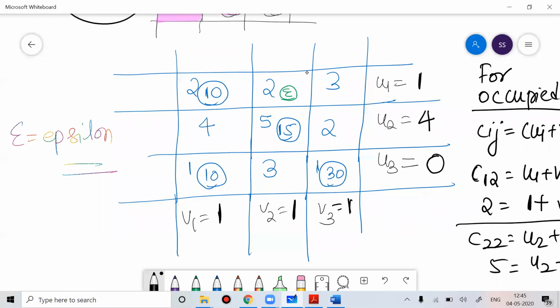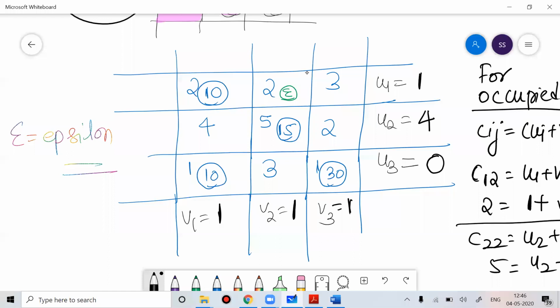So you could not find the values of U1, U2, U3, V1, V2, V3. To solve that, there's only one option: you have to make the cell occupied. So we used one dummy variable called epsilon, which has the value 0.